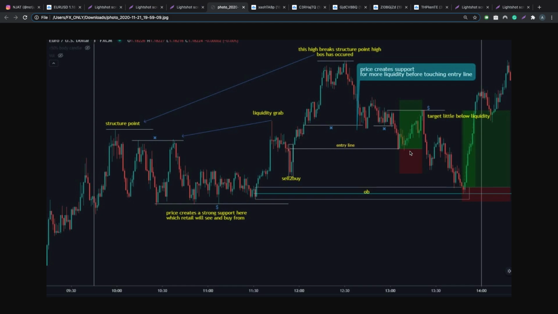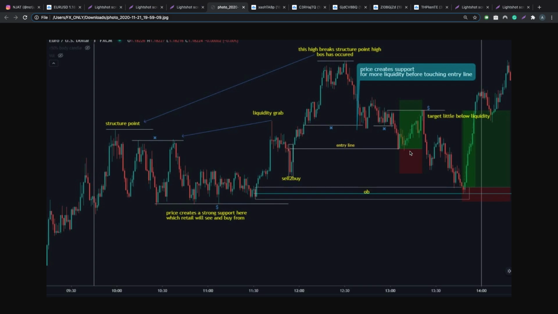So then you might have a 4 or 5, maybe 6 pip stop, but you're aiming for a swing reversal here. So you're looking for a 20, 30, 40 pip move, because then you're getting good R. But when we're catching 10 pips, 20 pips, and you've got a 6 pip stop, you're essentially chopping a lot of gain that you can get.